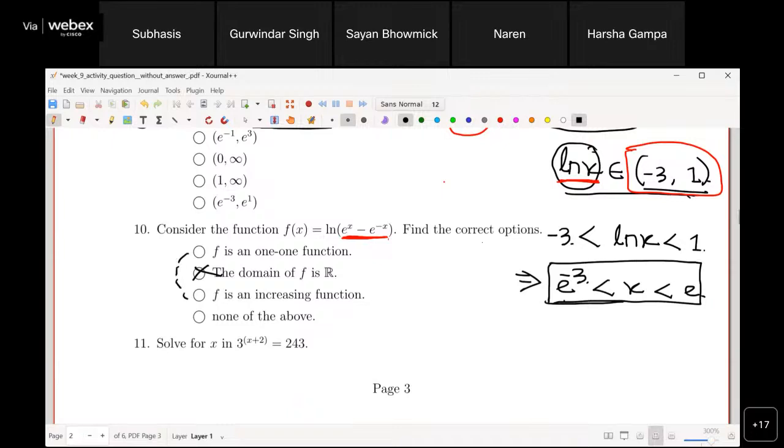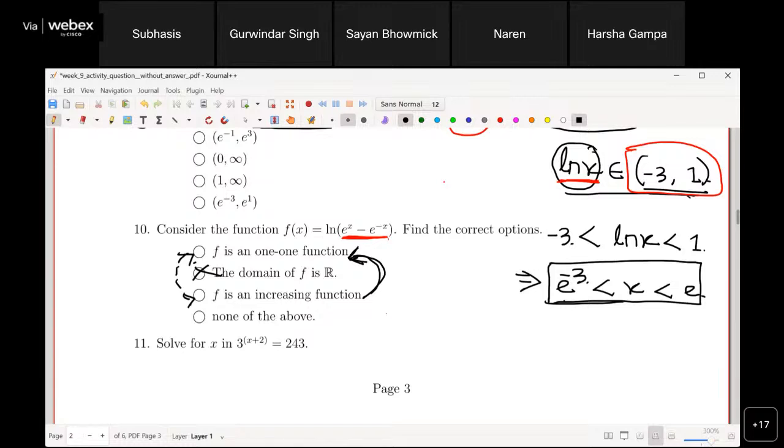And as you probably know, if f is an increasing function, then certainly it's one-to-one, right? So let me check whether f is an increasing function or not.